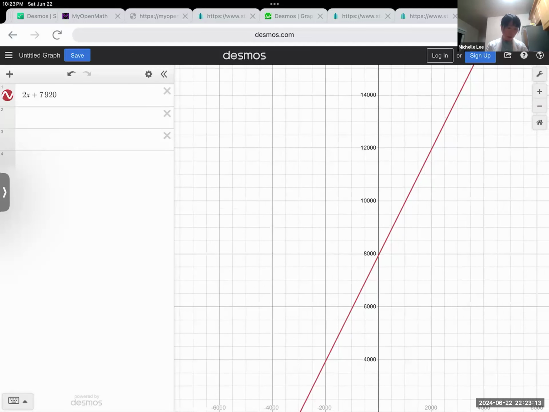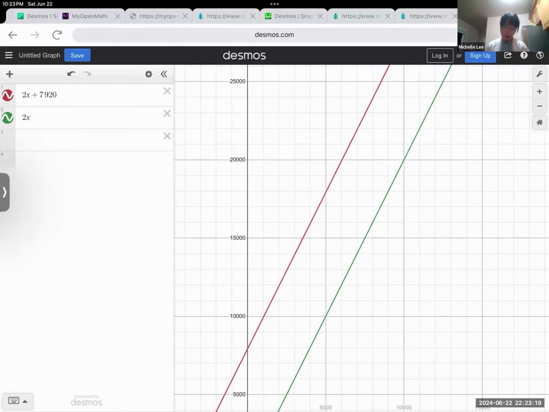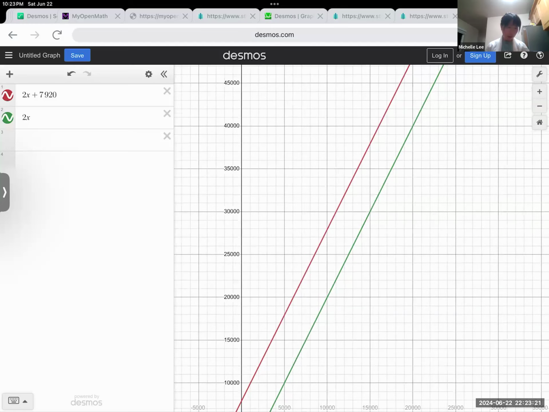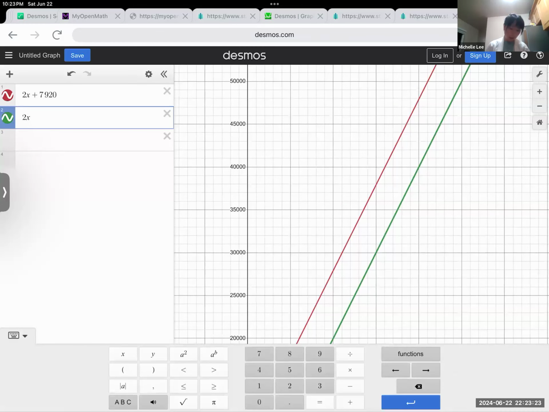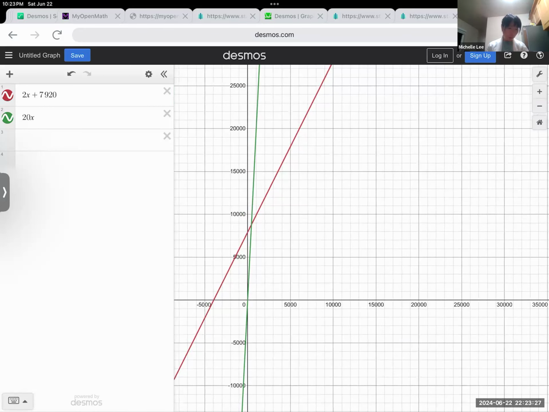So one is that, one is 20x. Yeah. So this is the point. So x equal to 440 there, right? So this point is break even.